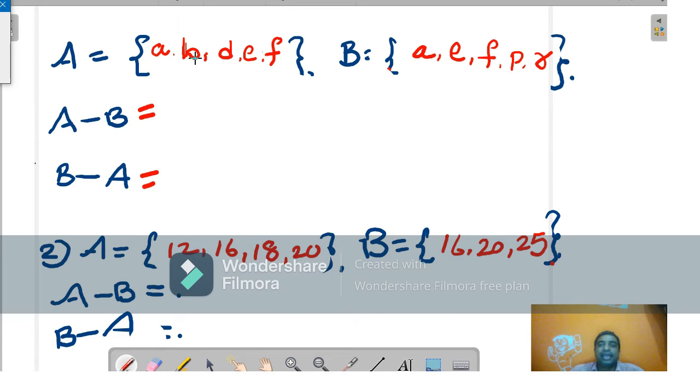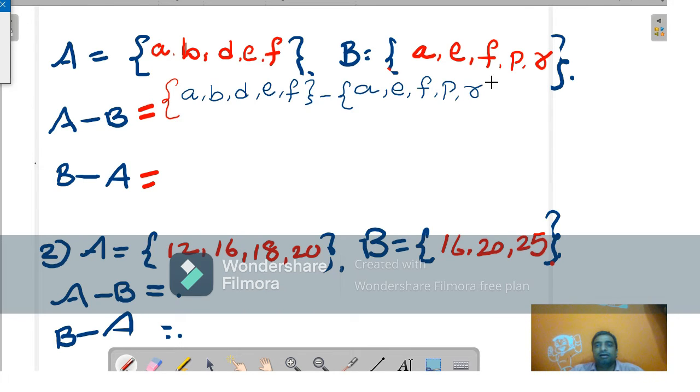Now here A and B are given. Let us do A minus B. A is equal to {a, b, d, e, f}. What is B? B is given as {a, e, f, p, r}.